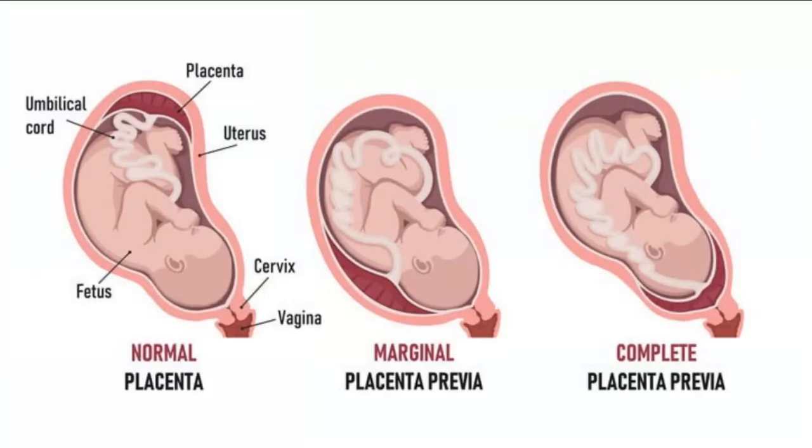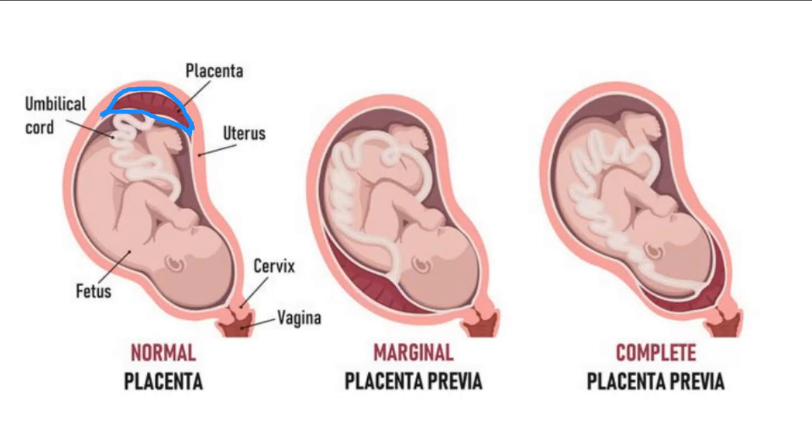So what do these variations look like? Here we have our normal placenta, nice and fundal right at the top here. There's no way that we need to be worried about that. Then when we have our marginal or our partial, actually I don't really like this picture. A partial is kind of like a low lying.